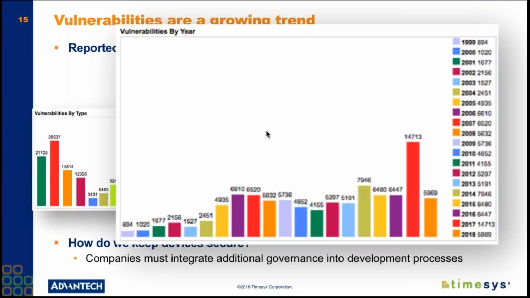It's a big spike, right? You can see the progression of CVE reporting. And in 2018, we are barely into May, and we already have close to 6,000 vulnerabilities reported. So there is a growing trend in identifying security issues and, of course, addressing them.